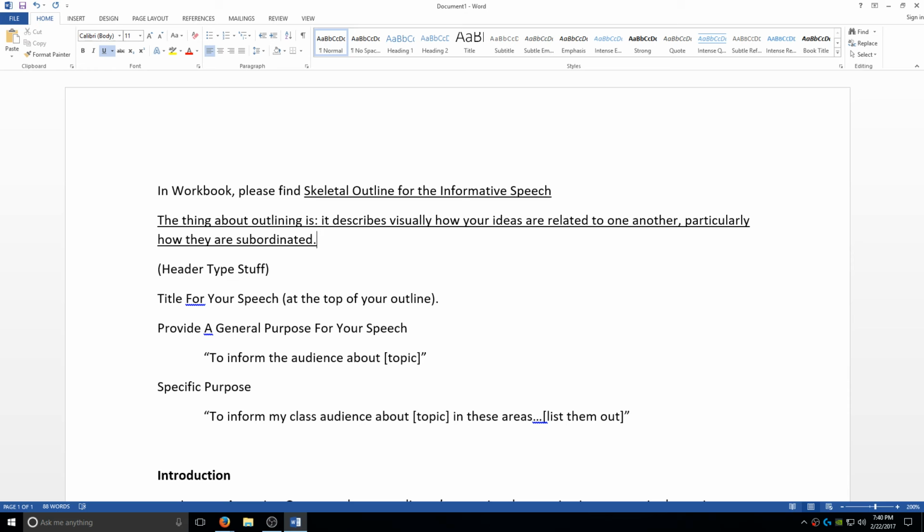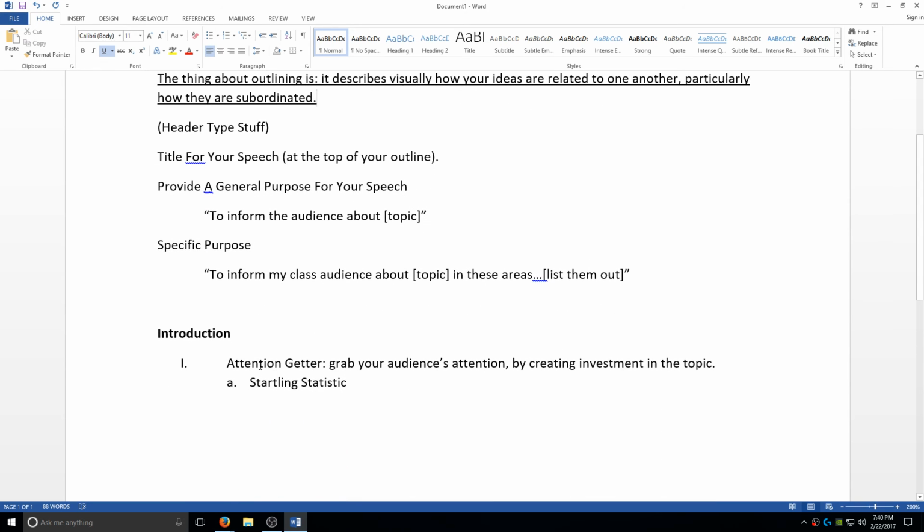Subordinated means how you can tell what ideas are supporting what other things.